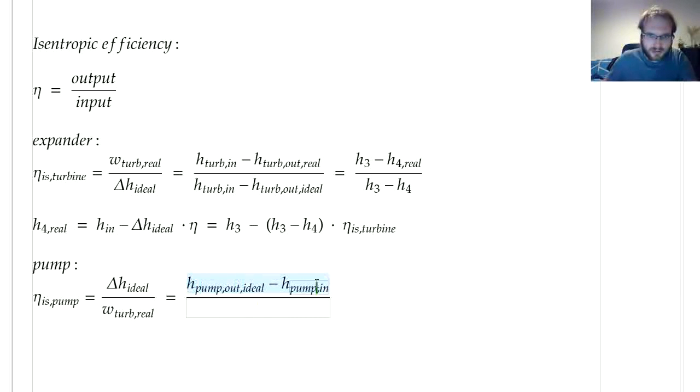And now the real difference will be just enthalpy of the pump outlet for the real pump minus still the same starting point at the pump inlet. So with our numbers of the cycle, it will be the enthalpy H2 minus enthalpy H1 divided by enthalpy H2 real minus H1.